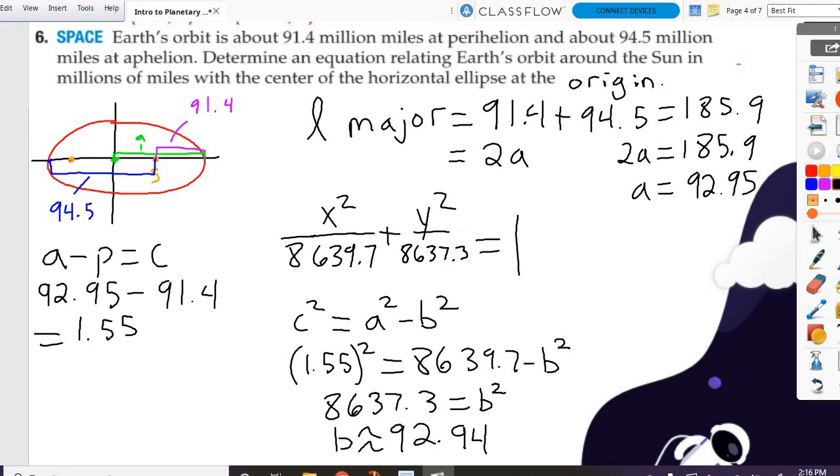And so notice that our A squared value and our B squared value are really, really close to each other. And so that's why I said in this case, our orbit is going to be really close to a circle, just not quite a circle. So our shape over here should actually look something more like that, where we're going farther left and right, but it's just barely noticeable.